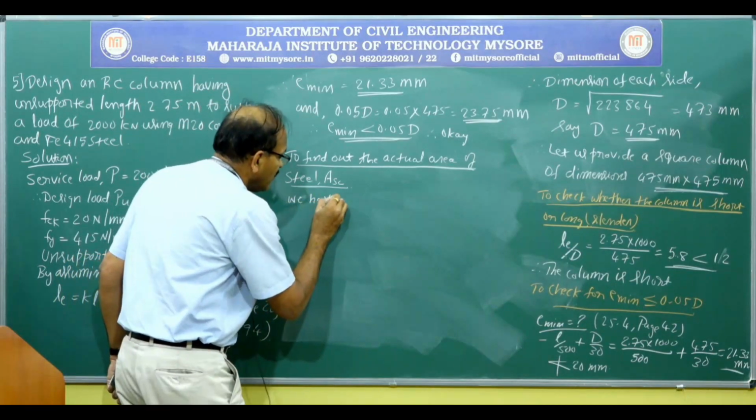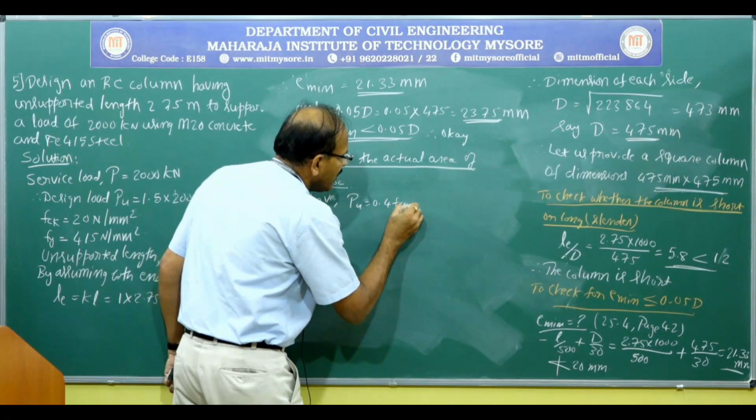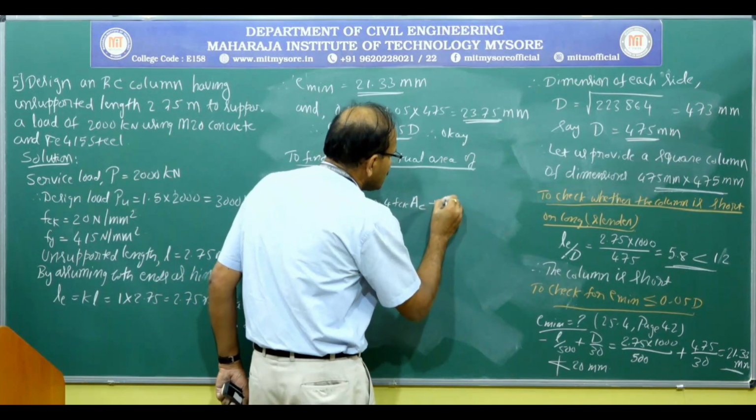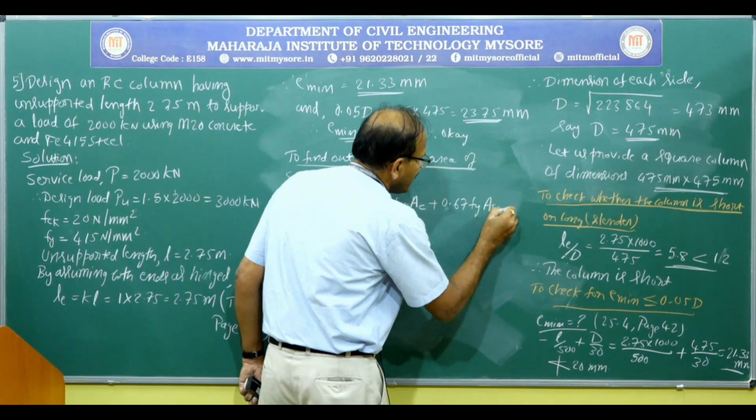We have Pu equal to 0.4 fck Ac plus 0.67 fy Asc.